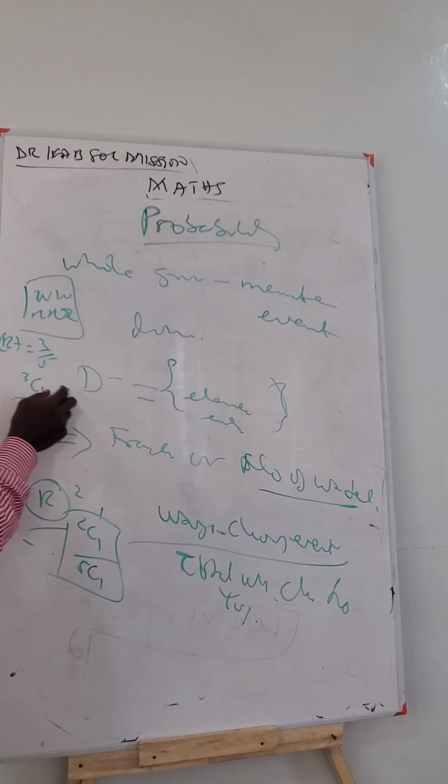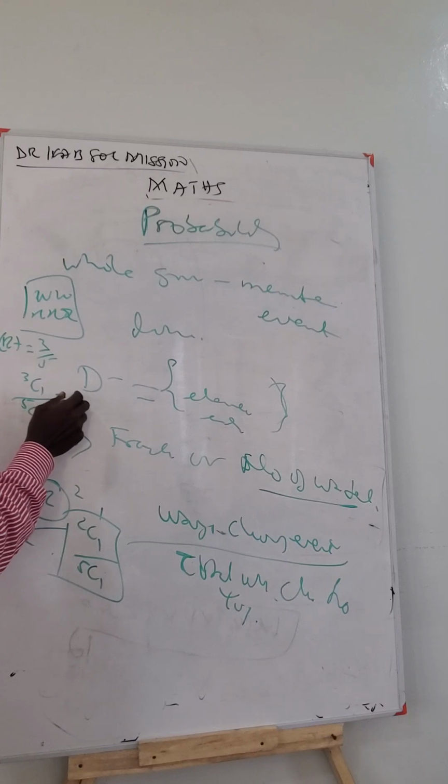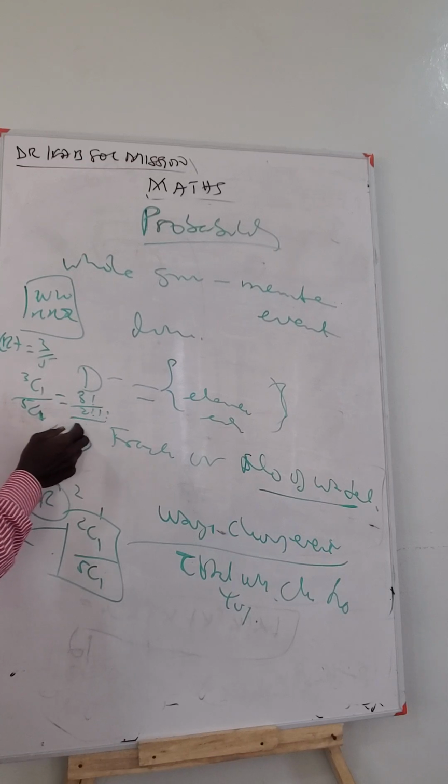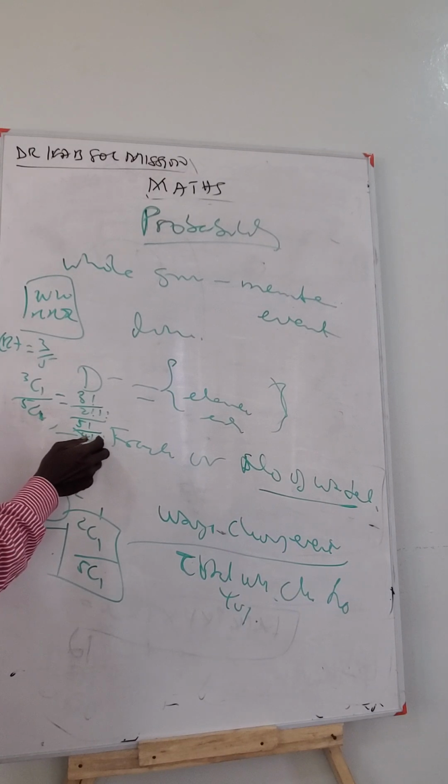Okay, this is going to give you 3 factorial over 2 factorial, 1 factorial, over, so here I'm choosing 5 choose 1. So you have 5 factorial over 1 minus 5, which is 4 factorial, and 1 factorial.